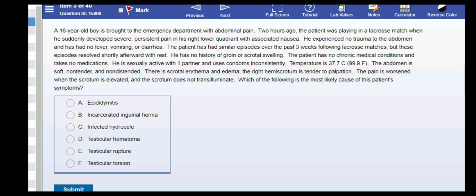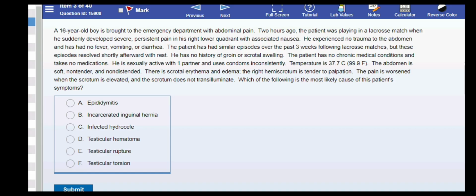This is to differentiate between testicular torsion and epididymitis. Because both of them will show this redness, erythema, edema. But with this sign, the pain worsened when the scrotum is elevated, so this is testicular torsion. It is non-transilluminating, so we rule out hydrocele.